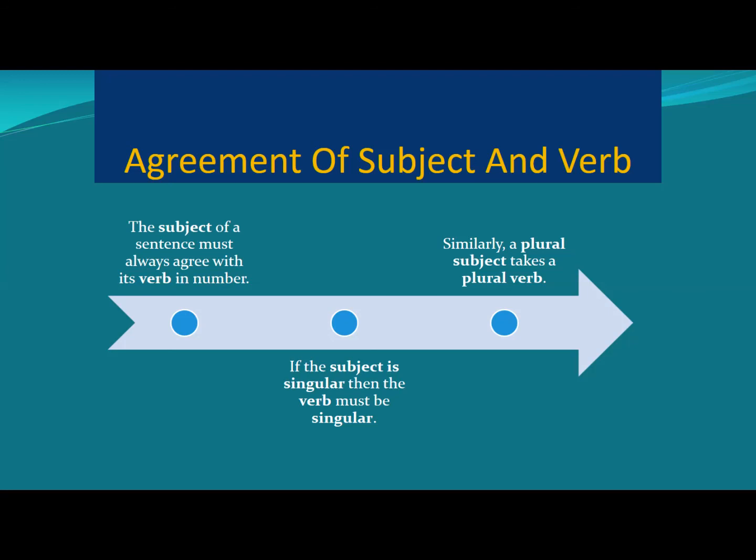So we have to see what the subject is. The subject of a sentence must always agree with its verb in number. If the subject is singular, then the verb must be singular. And similarly, a plural subject takes a plural verb.